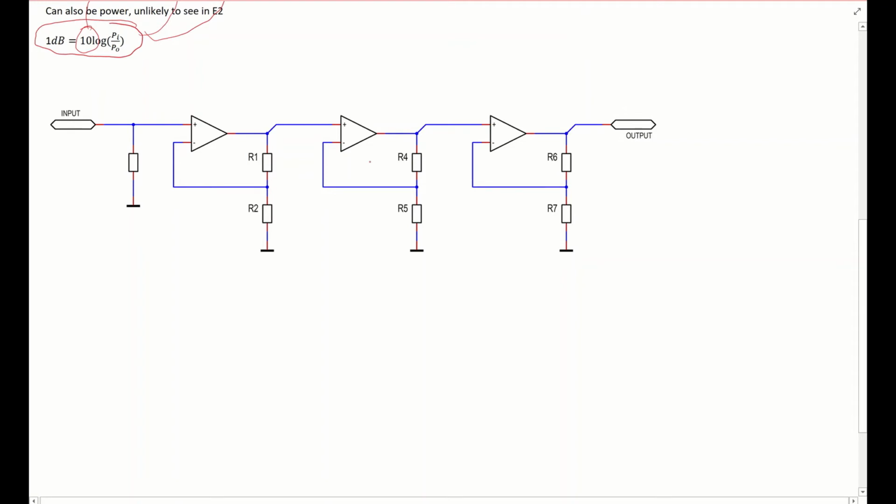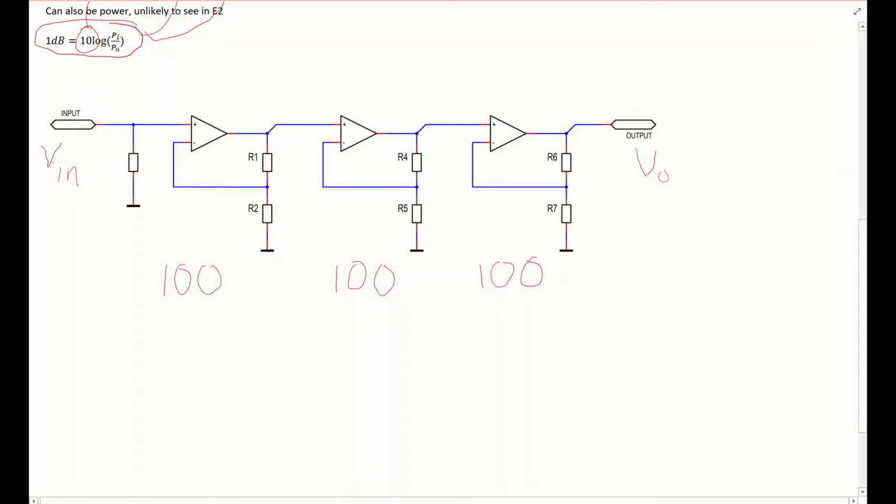And let's say, just to keep this simple and keep the numbers from getting too crazy, that each stage of this op-amp is going to have a gain of 100, right? Totally reasonable, totally something that you've probably seen in E1 as a gain on an op-amp. And so you've got your V in here, your V out here. Excuse my handwriting, this pen is kind of new to me.